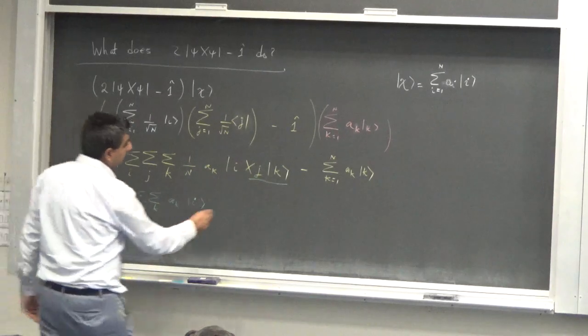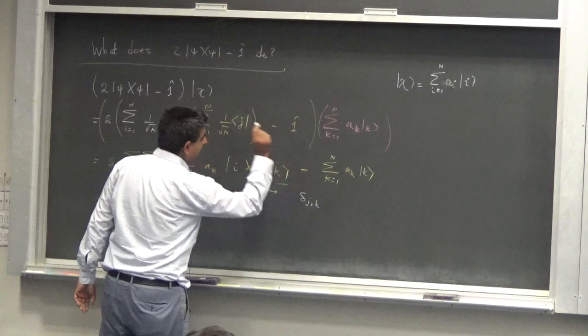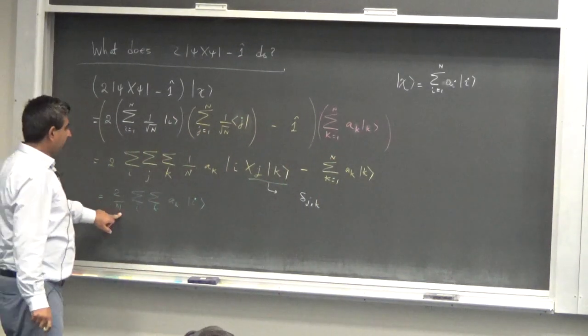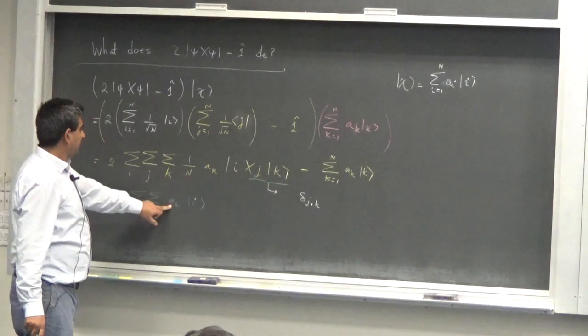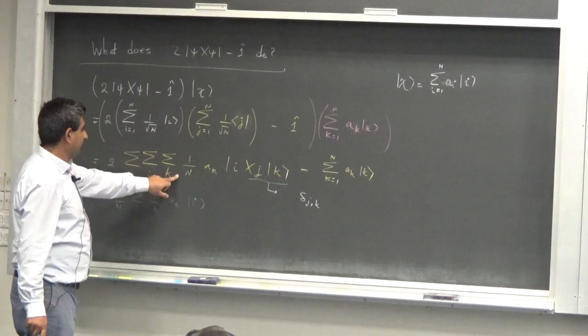So this is the Dirac delta function delta jk. So what I could do is 2 over n, k equals j.